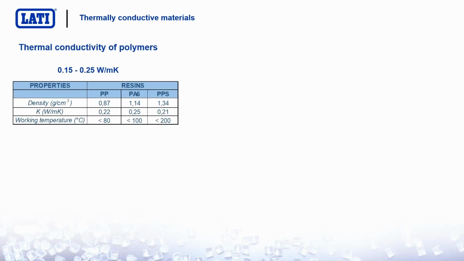As maybe you already know, the standard polymers usually used for injection molding have a thermal conductivity which ranges between 0.15 and 0.25 watt per meter Kelvin. This level of conductivity is not enough to be exploited in the management of heat dissipation.